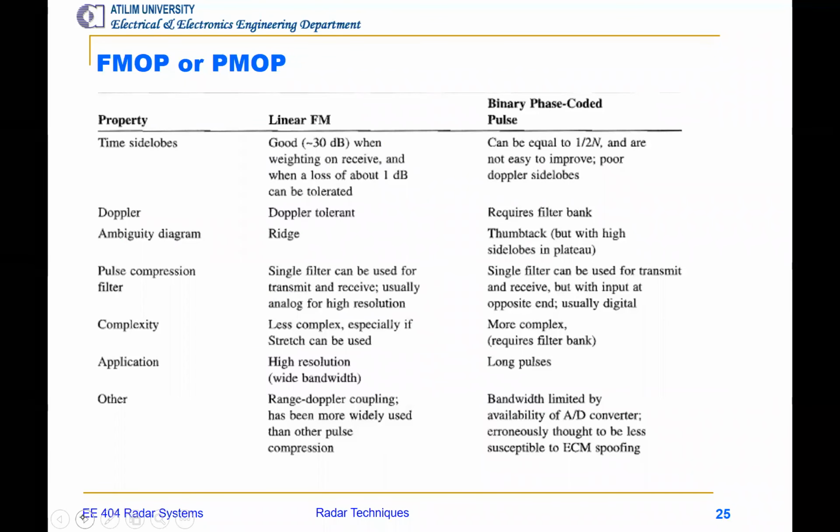Here's the last slide of the lesson and also this semester. There is a list here. You see the advantages of FMOP and PMOP: time side lobes, for example, one property, Doppler, for phase modulation on pulse.